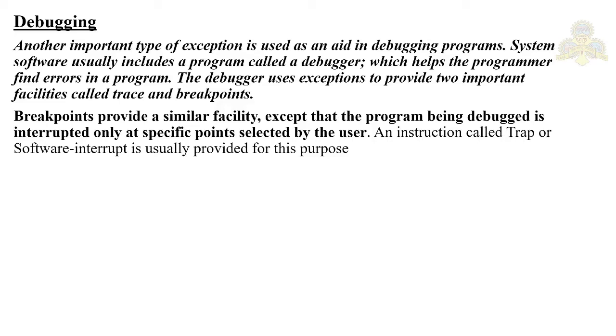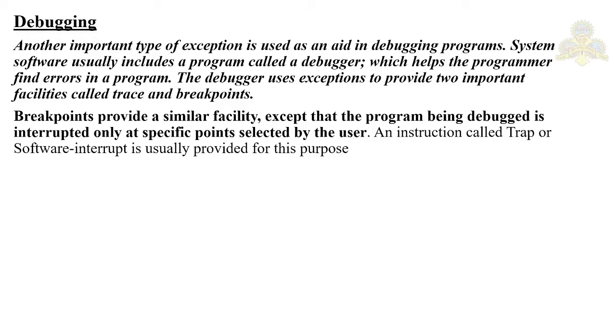Okay, so when a processor is operating in trace mode, an exception occurs after execution of every instruction, using the debugging program as an exception service routine. The debugging program enables the user to examine the contents of the registers, memory locations, etc. On return from the debugging program, the next instruction in the program is executed, and again your debugging program is activated.